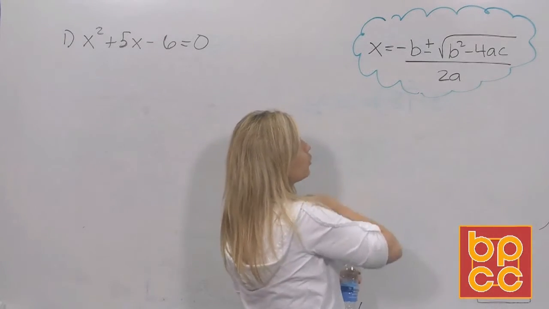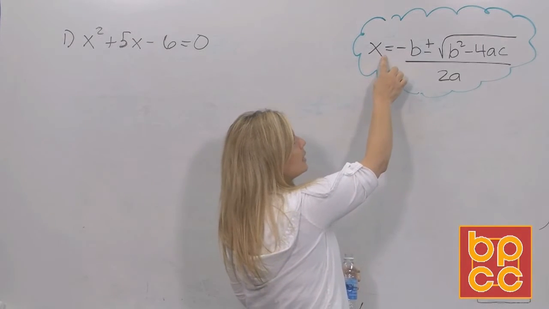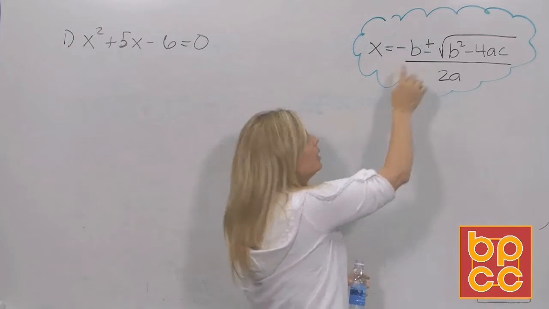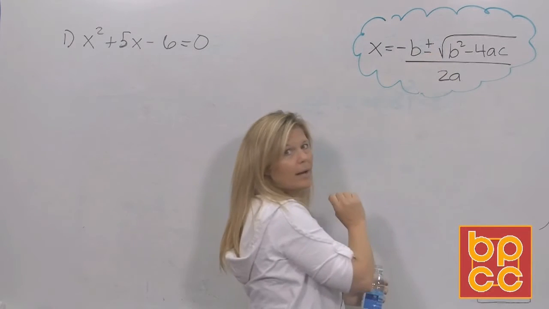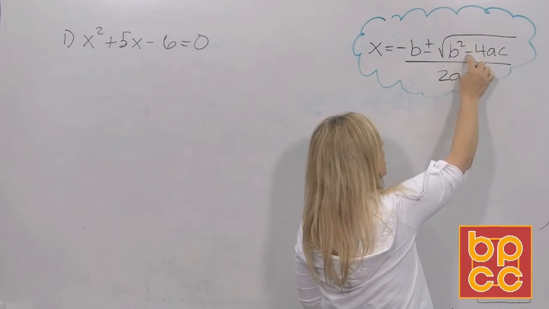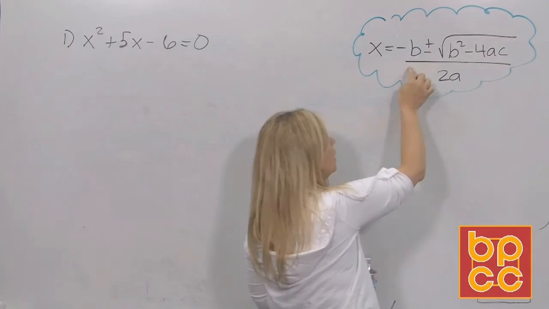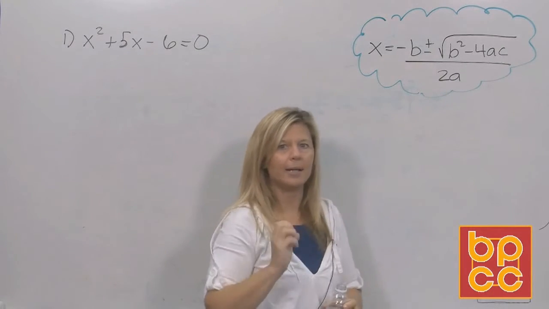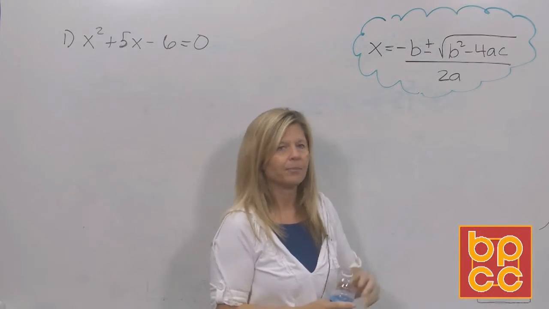X equals negative b plus or minus square root b squared minus 4ac all over 2a. Let's try that again.